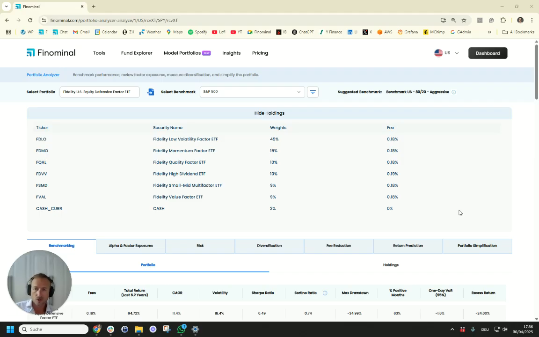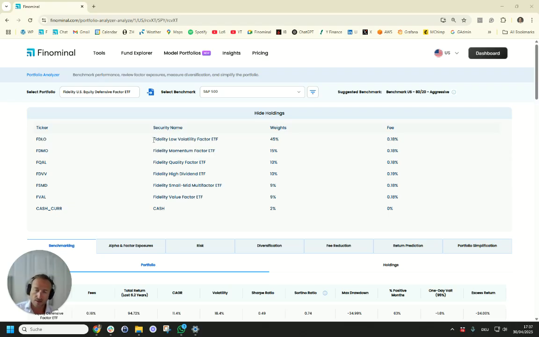Today we're going to look at a model portfolio from Fidelity, specifically Fidelity's US equity defensive factor ETF. As per its name, this is a defensive portfolio. If you look at the underlying ETFs, we can see this portfolio is comprised exclusively of Fidelity ETFs and a bit of cash.